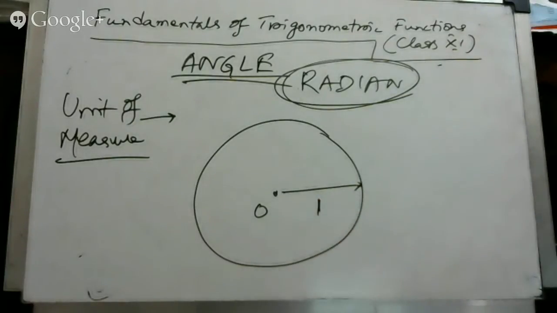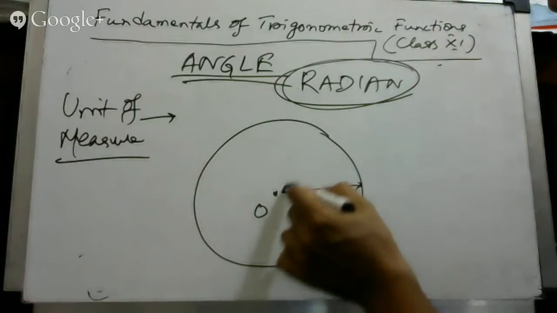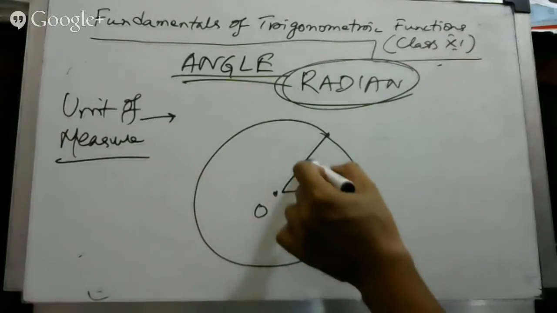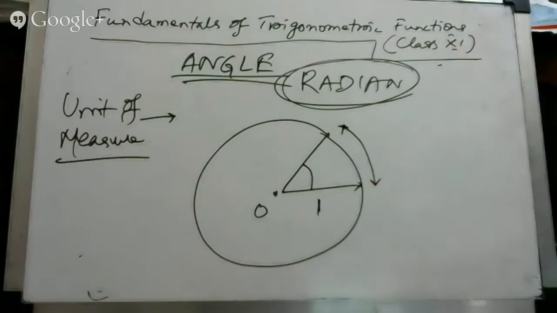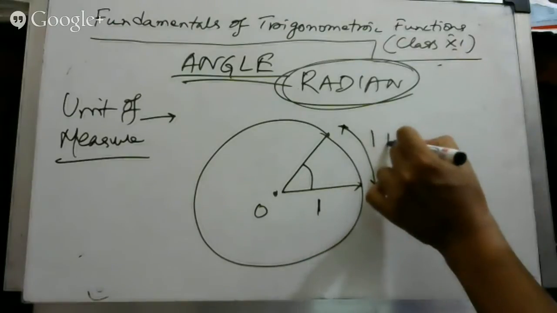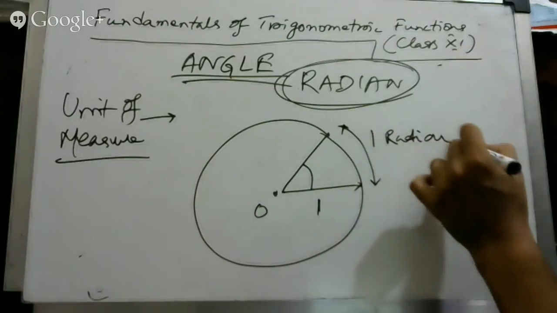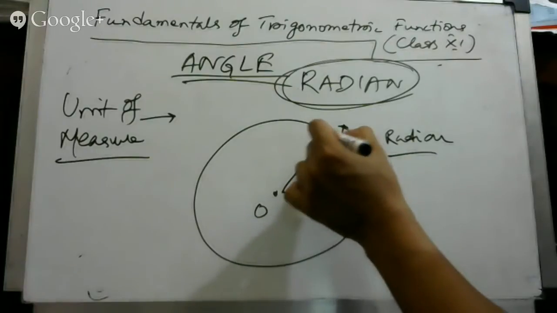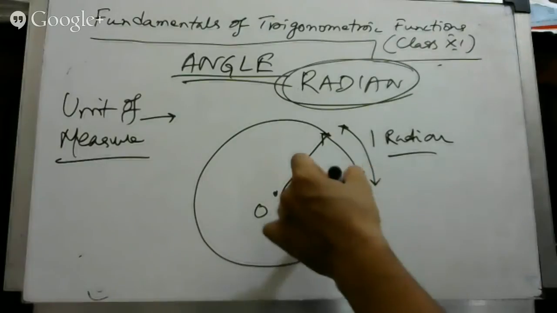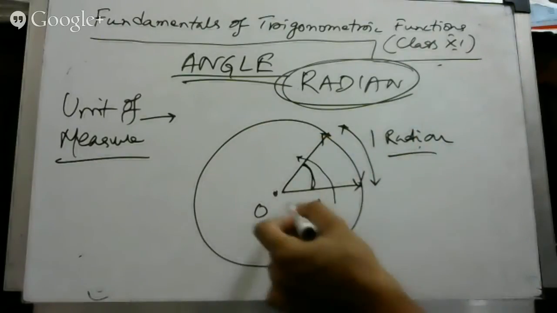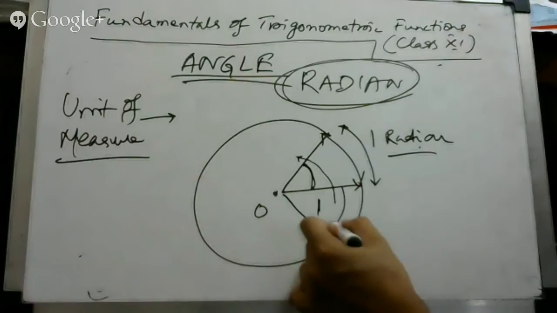When the angle is subtended at the center, this distance is called 1 radian. If it is in this direction, it is positive 1, and if it is in this direction, this is -1.